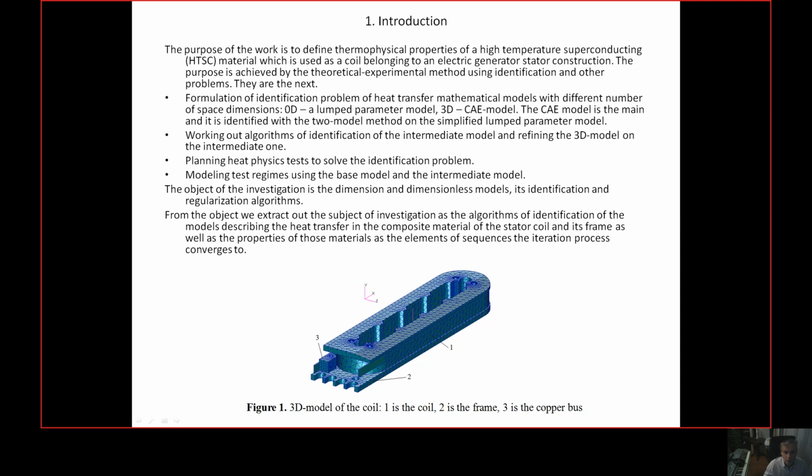Formulation of the identification problem of heat transfer mathematical models with different numbers of space dimensions. 0D is a lumped parameter model, 3D is the CAE model. The CAE model is the main one, and it is identified with the two-model method on the simplified lumped parameter model.